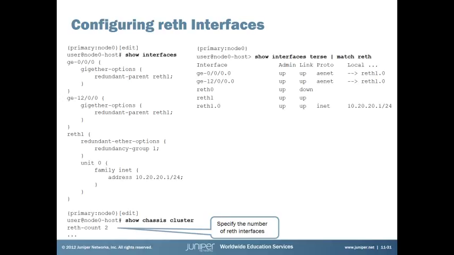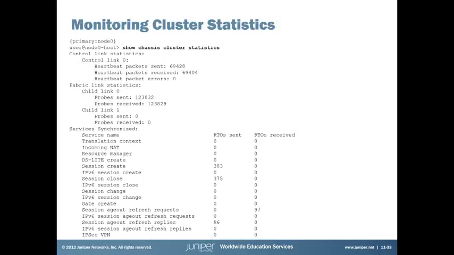So there's two child interfaces, ge-0/0/0 and ge-12/0/0, and then we've got reth1.